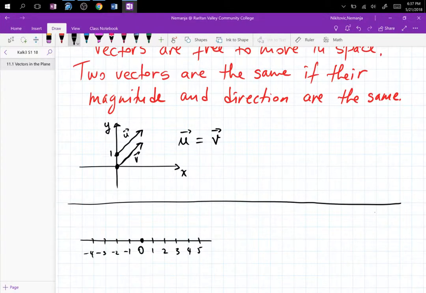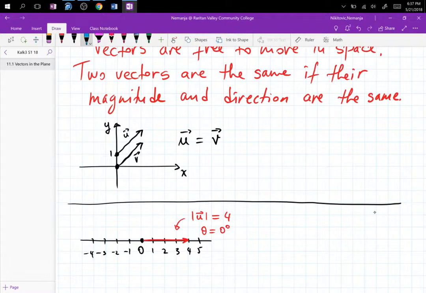So what is number 4? Number 4 is going to be a vector which stretches from 0 to 4. Now, what is the magnitude of that vector? Magnitude of this vector, let's call it vector u, is going to be 4, because that's its length. What is the direction, theta? Well, it's 0 degrees.